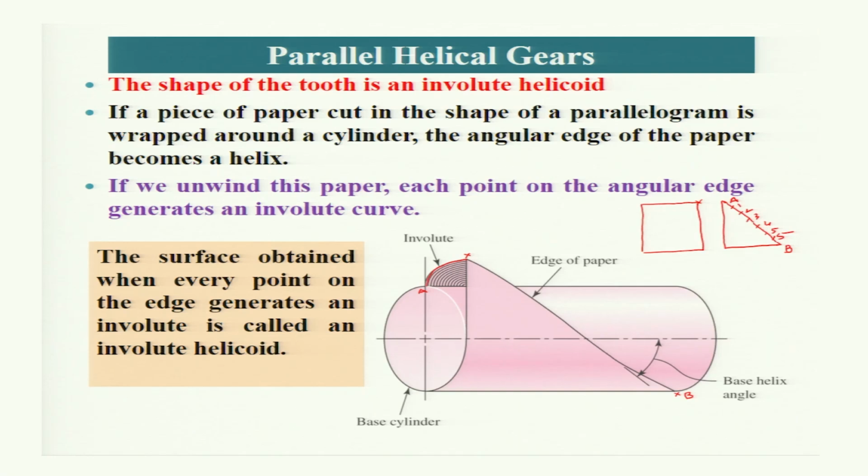So along the length of the cylinder, an involute profile will be generated with a certain angle, and that is called the involute helicoid. The surface obtained when every point on this edge AB generates an involute is called an involute helicoid.